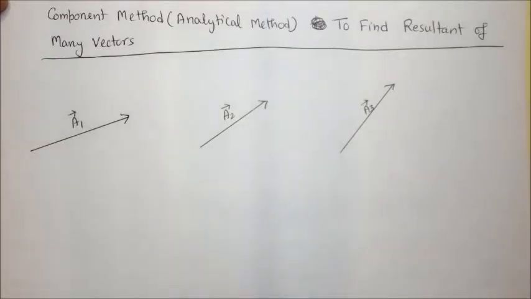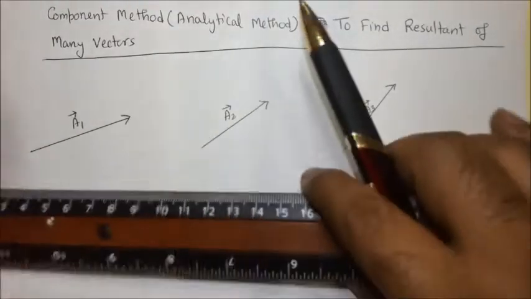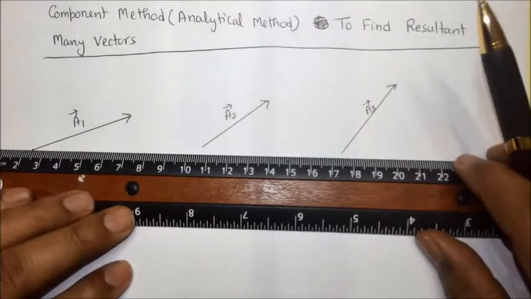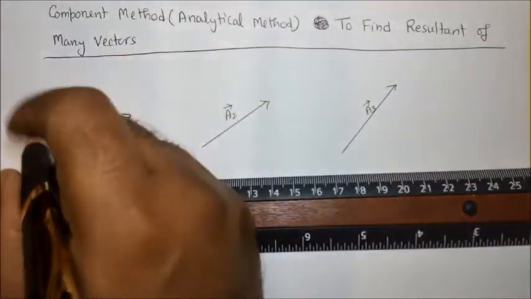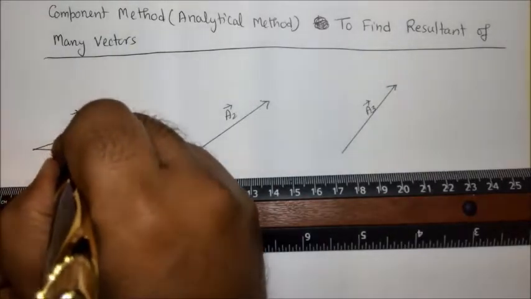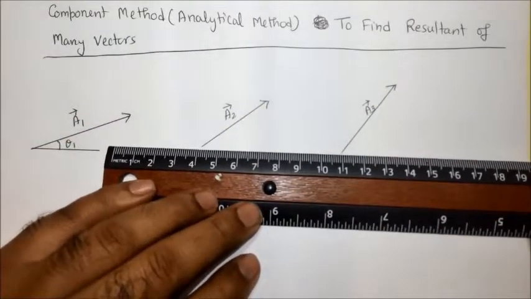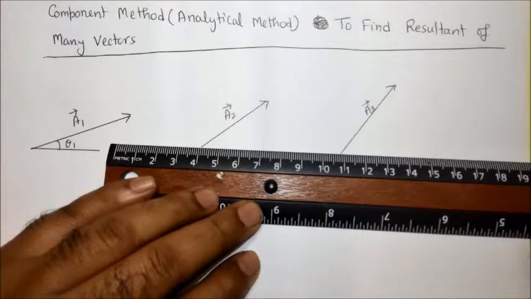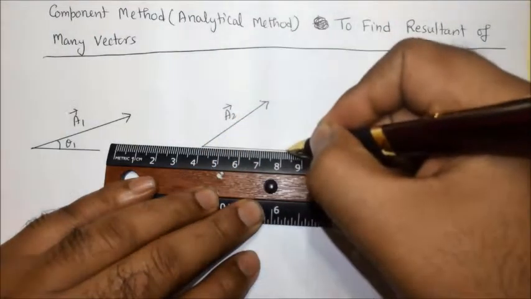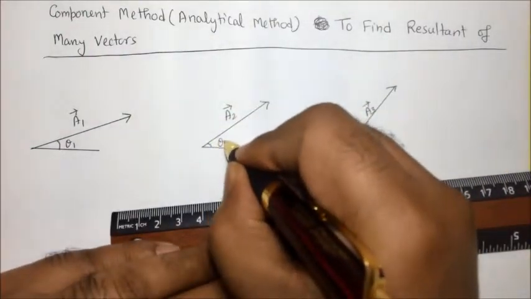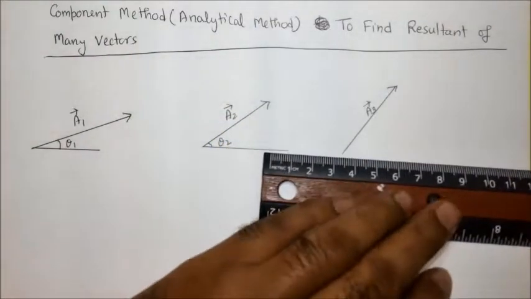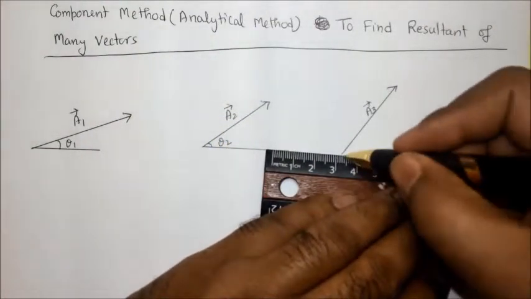Alright, suppose they make angle theta 1 here, theta 2 here, and theta 3 here.